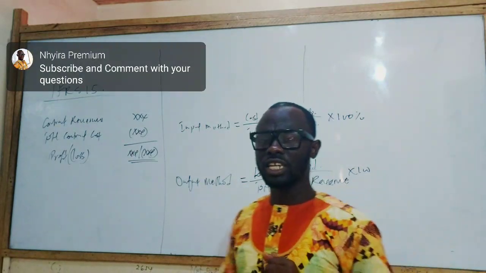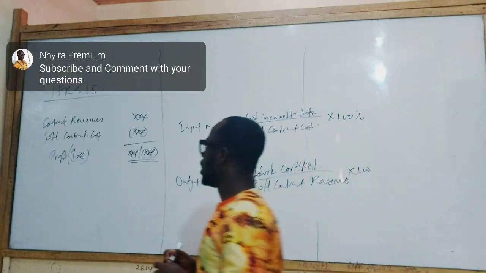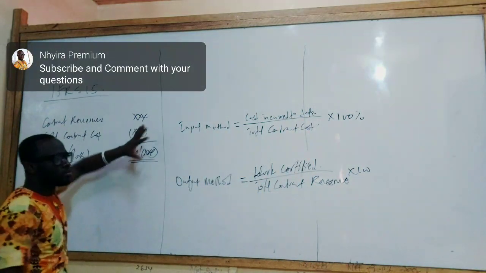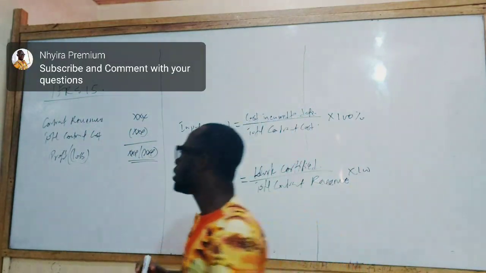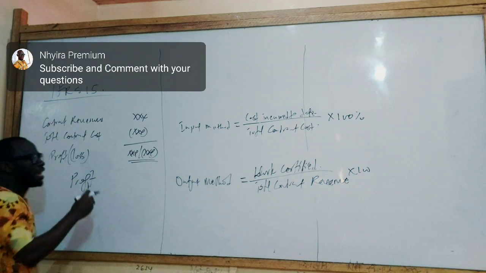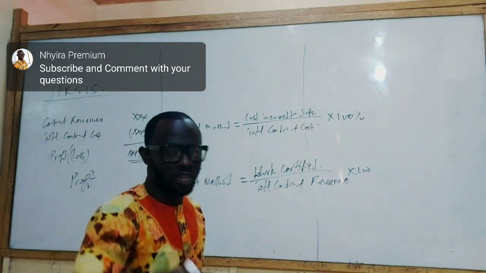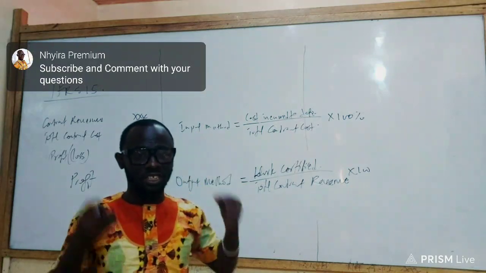But the key question is, how do we account for this? That is the most important thing. If we compute profit or loss on the contract as a whole, and it gives us a profit, then we allocate that profit based on the percentage of completion or the stage of completion.